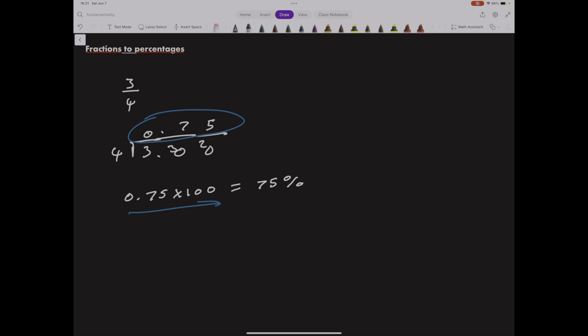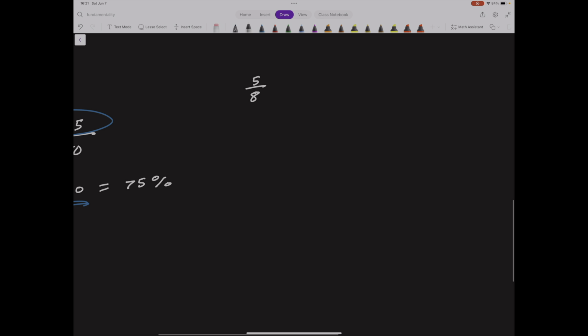Let's try that one more time. Let's think of another number to use. A nice one. Let's do 5/8. Same thing as before, same method. Can't fit any there. 6 there. 2 there. 5 there.